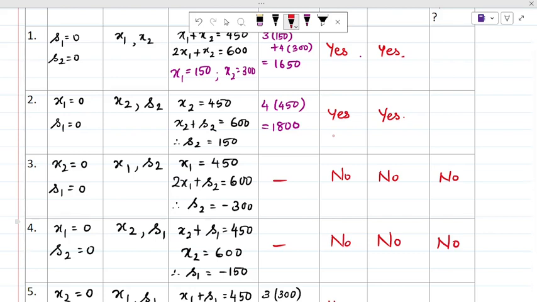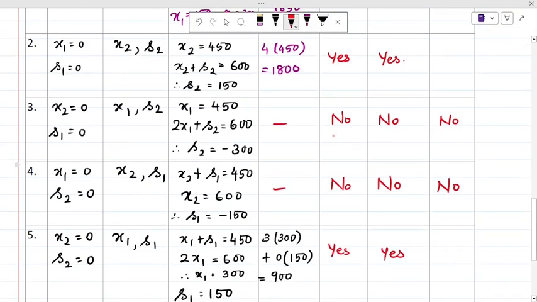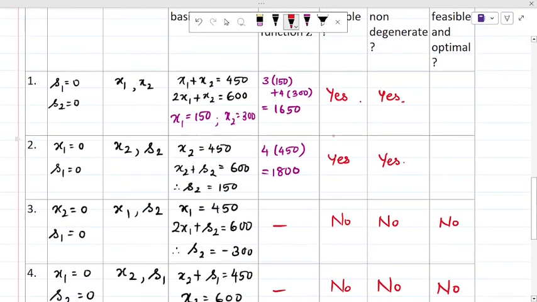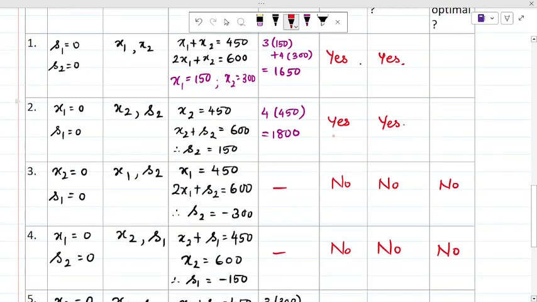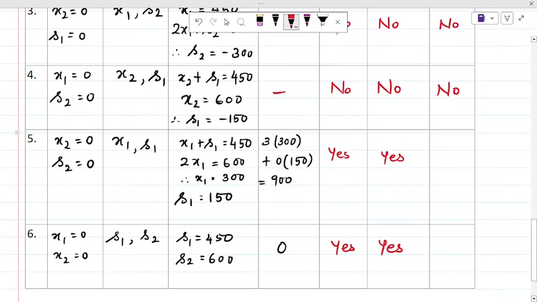Maximization happens when the answer is maximum, so only that value we will choose out of the three which is maximum. So 900, 1650 and 1800, so we will choose 1800 as the final answer, which is maximum. So it is yes over here, and the rest all places no, because the optimal solution is only one in our case over here.